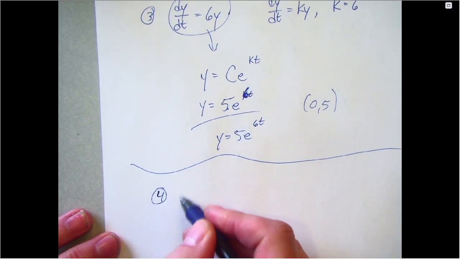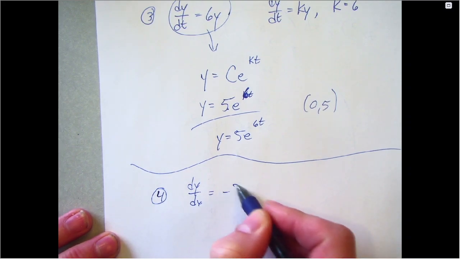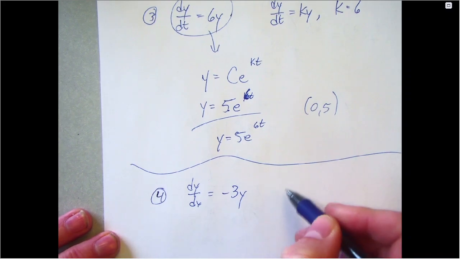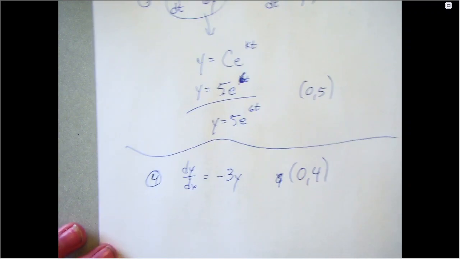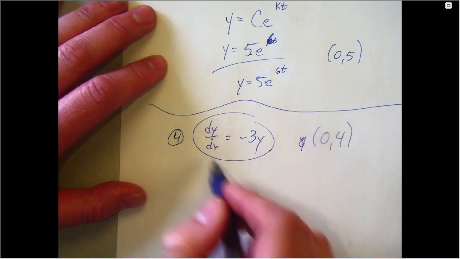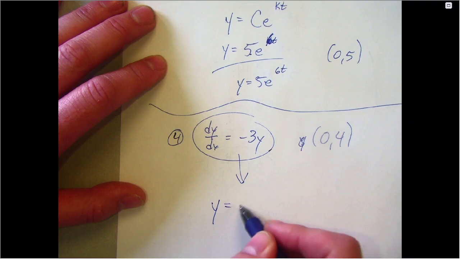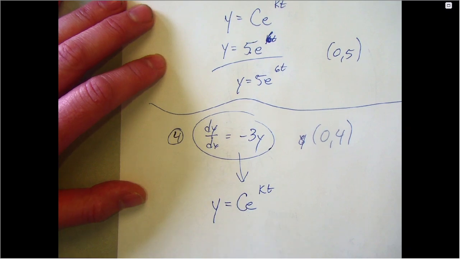We're looking for dy over dx equals negative 3y. And they're giving me the point (0, 4), so they're basically giving me the initial value. So I'm going to use my shortcut to jump from this to, okay, I know that's got to be y equals a constant times e to the kt power.